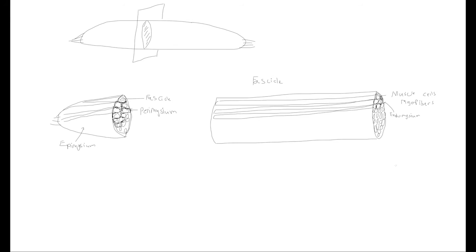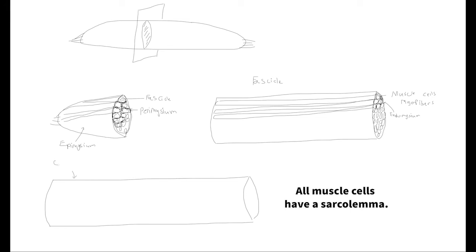Now I'll draw a muscle cell close, or a section of one, I guess. Its membrane is called the sarcolemma.